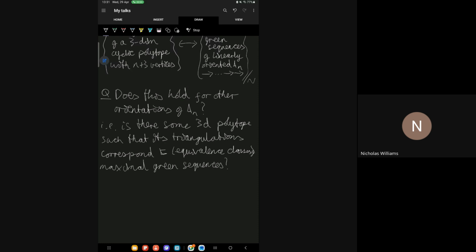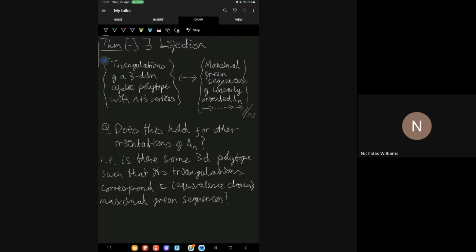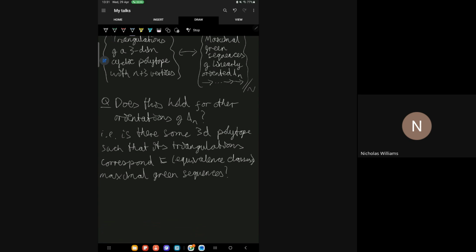So instead of answering this question for a polytope, I find some abstract version of a polytope, which is something called an oriented matroid, and I'll talk more about this later.